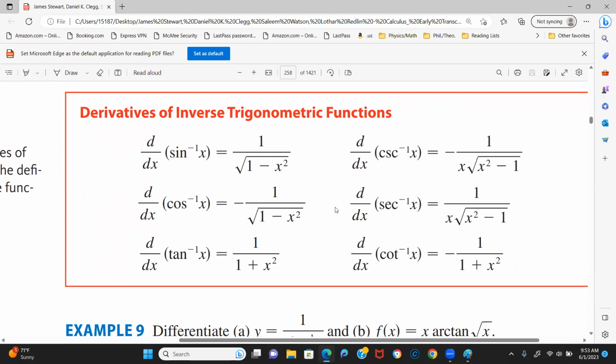Notice in this case right here, you get a negative with the cosine inverse. That makes sense because when you use that defining equation for inverse functions, you're going to take the derivative of cosine, and the derivative of cosine is negative sine. So a negative should pop up, but the formula basically looks the same as this one.